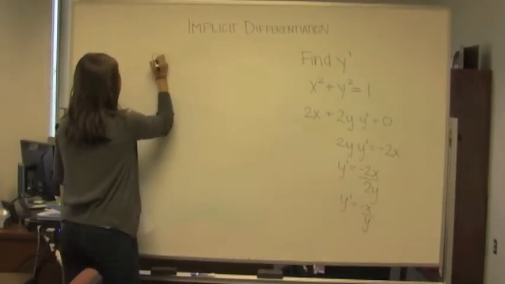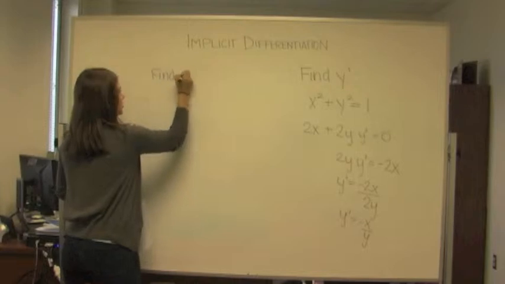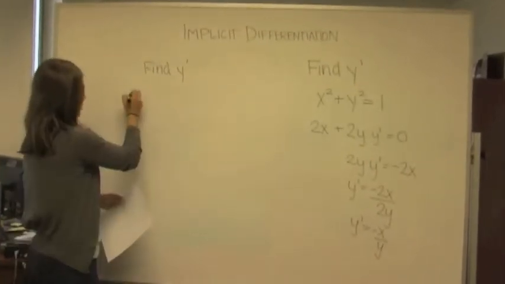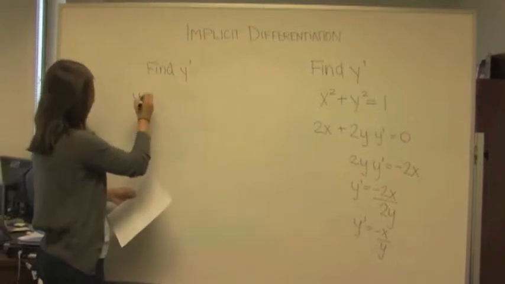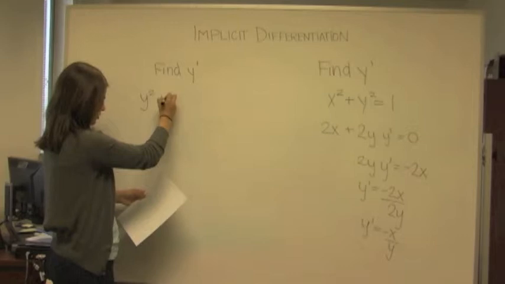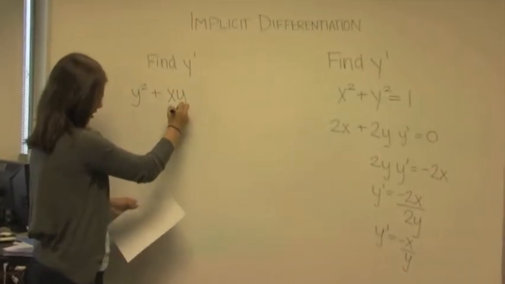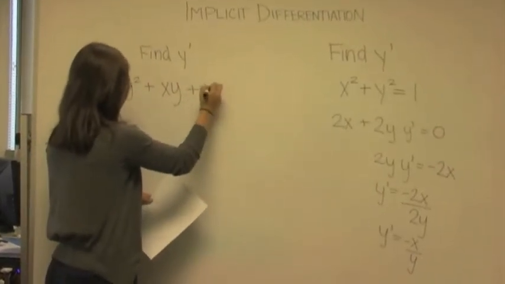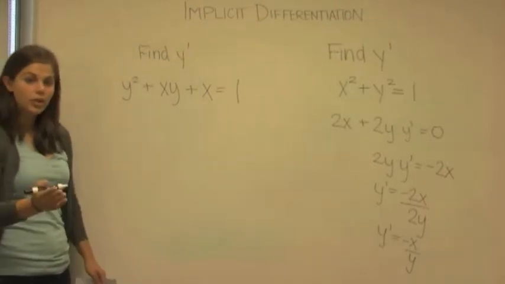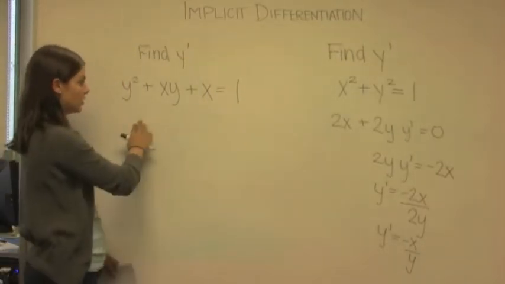So again, our instructions are to find y prime, and this time our problem is y squared plus xy plus x equals 1. So again, we're going to go through term by term and take the derivative.